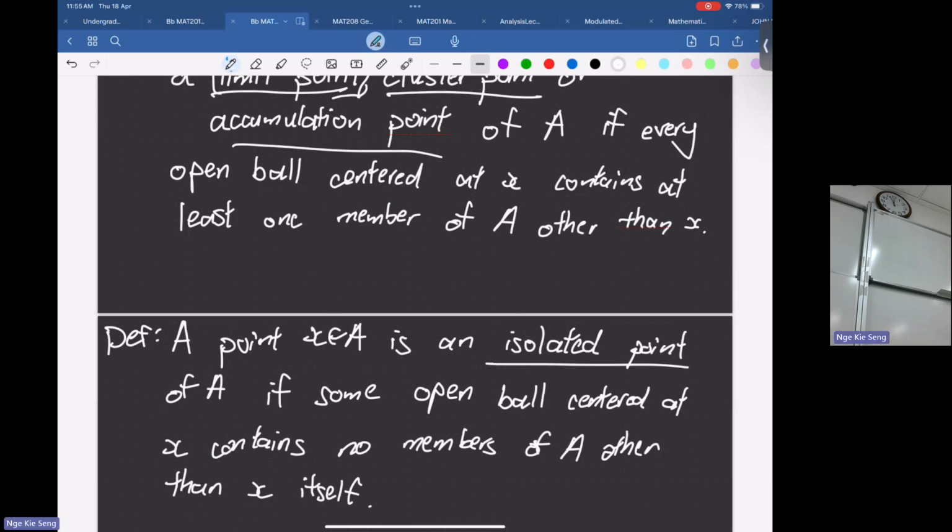So what does the sequence do? Is that my limit point or not? Yes, that's right.